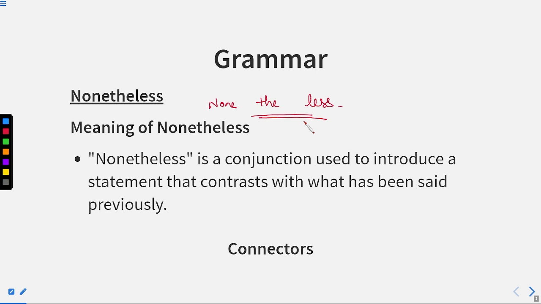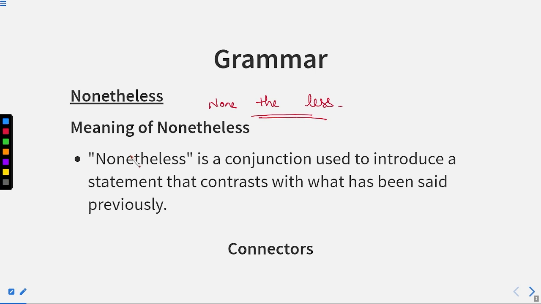In the first clause, whatever information is given does not affect the information given in the second clause. Or you can say whatever is there in the first clause contradicts or is a contrast with that of the next clause, or it does not affect the next clause.